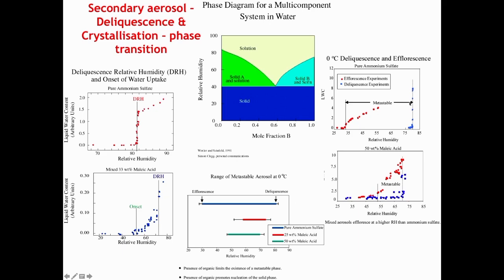You can hold on to the water in the metastable region when you're drying out particles, but also you can increase the water content below the deliquescence point when you're deliquescing. So multi-component particles don't just follow this clear deliquescence efflorescence behaviour.